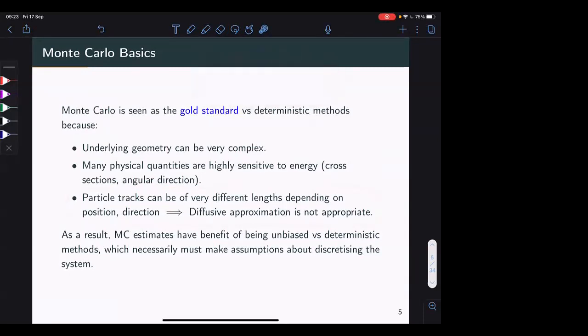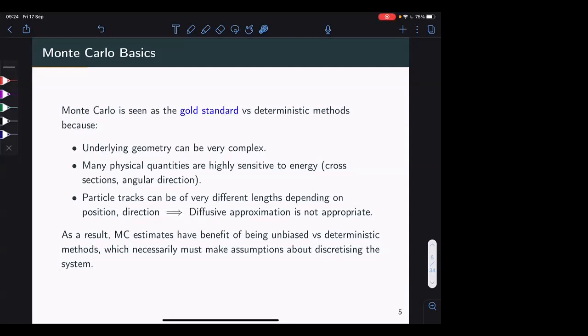Because of these reasons, most industrial level code now, combined with increases in numerical power, means that Monte Carlo really is a gold standard. It's seen as the way of getting accurate results for things like criticality and reactor design.